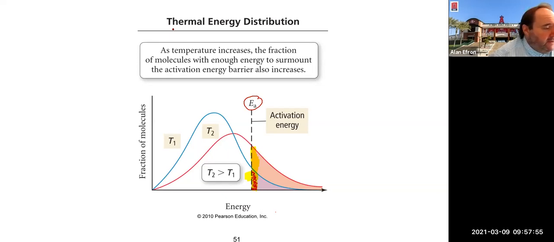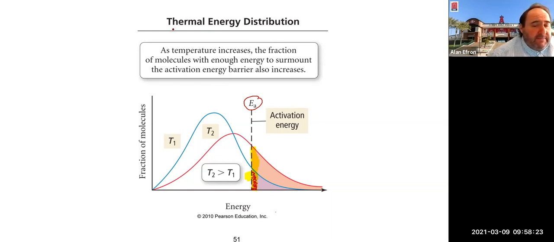We then talked towards the end about the effect of temperature on reaction rates. As we increase the temperature, everybody's gaining a little more energy, enough to get up and over that activation energy. Remember that Ea is the minimum amount of energy for a reaction to occur. It's the hill the reactants have to climb to get to the other side.